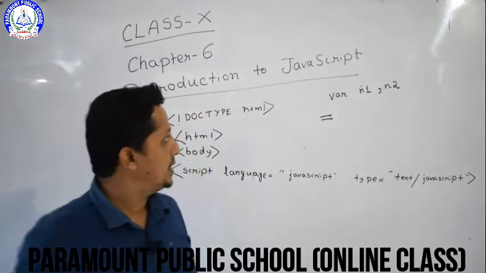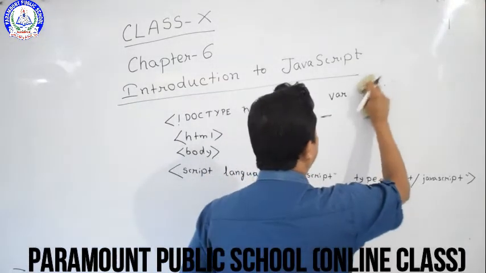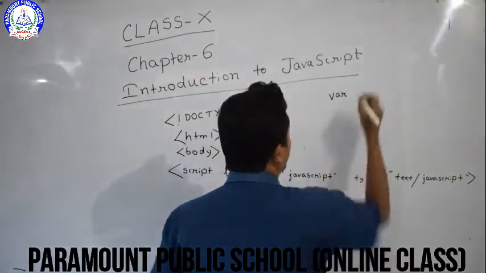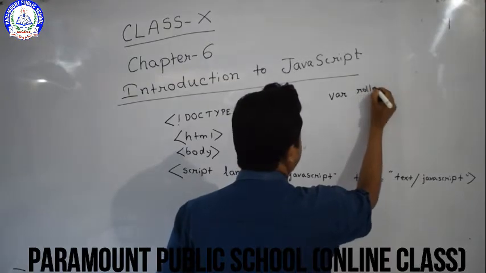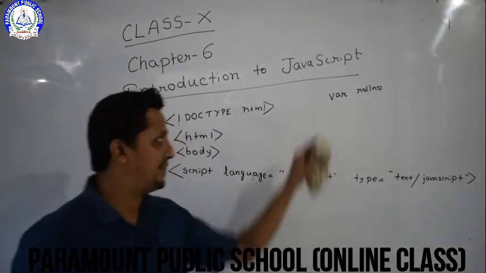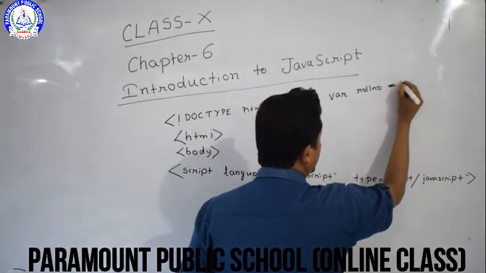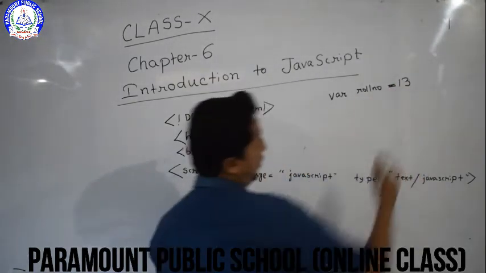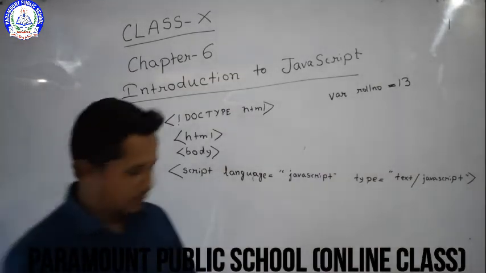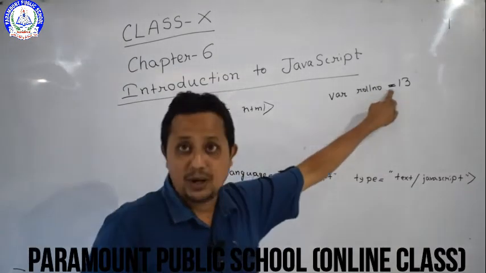Say for example, I have declared a variable like this, var roll number. So here roll number is a variable, var roll number is equal to 13. This is known as assignment statement because the equal to sign is there.